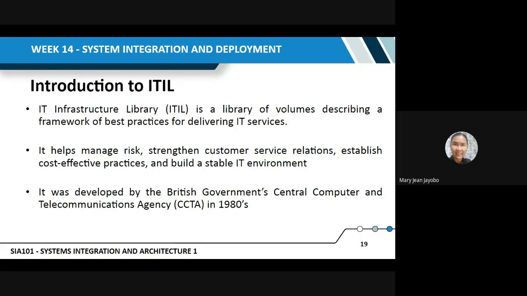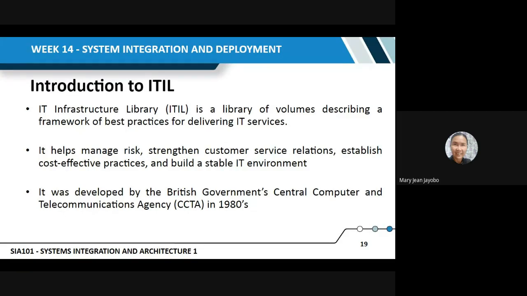So, a systematic approach to IT service management can help businesses manage risks and strengthen customer relations, establish cost-effective practices, and of course, build a stable IT environment that allows for growth, scale, and change.